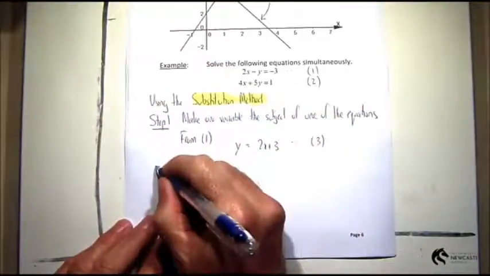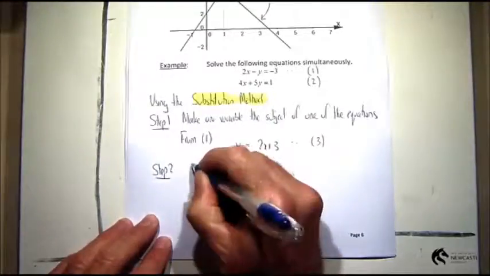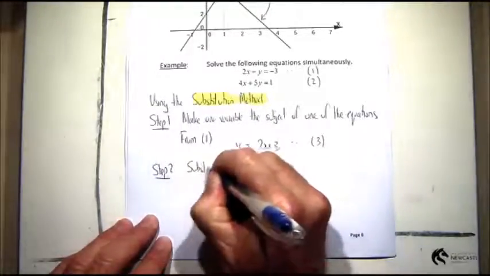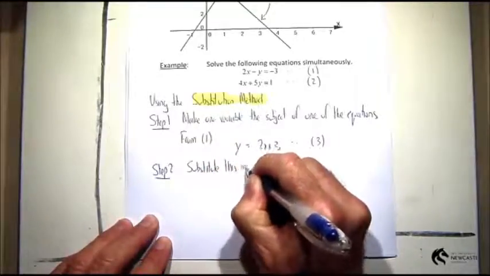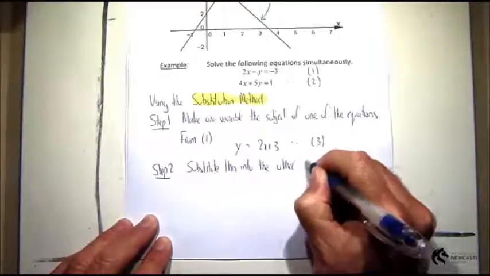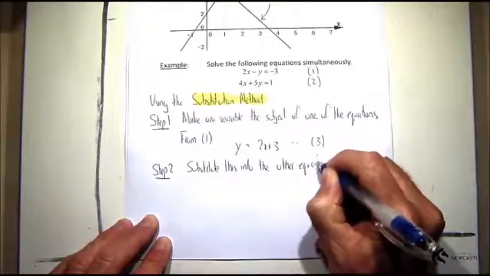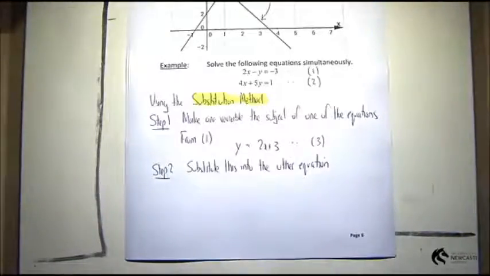The second step, step 2, will be to substitute the equation that you just got into the equation you didn't use.